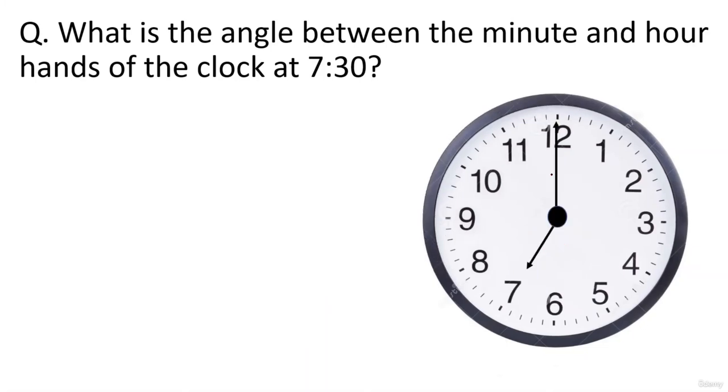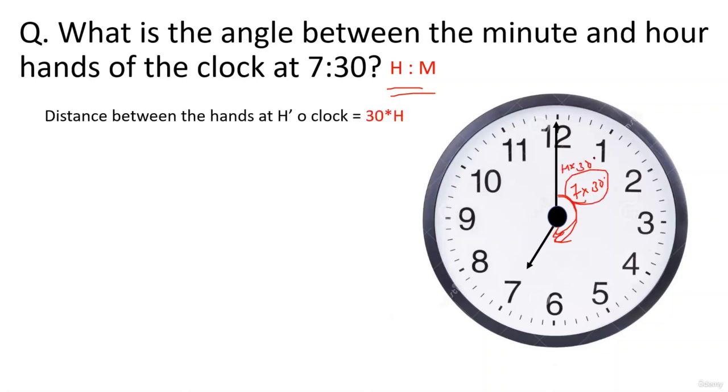So let's generalize this now. At 7 o'clock we saw that the distance between the two hands was 7 into 30 degrees. Suppose I generalize, there is a time h hours and m minutes. For this the difference of these two hands will be h into 30 degrees, right?